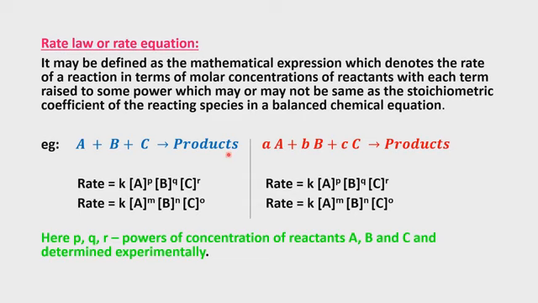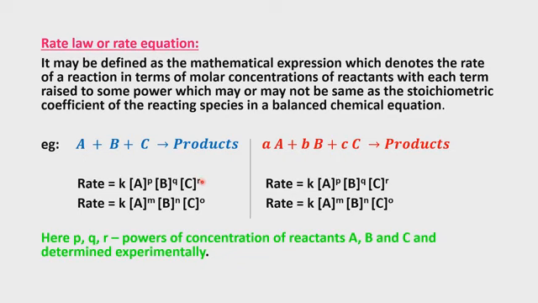So for this specific reaction, rate equals K into A power p, B power q, C power r. Here p, q, r are the powers of the concentrations of the reactants A, B, C. These are constant numbers which are determined experimentally.